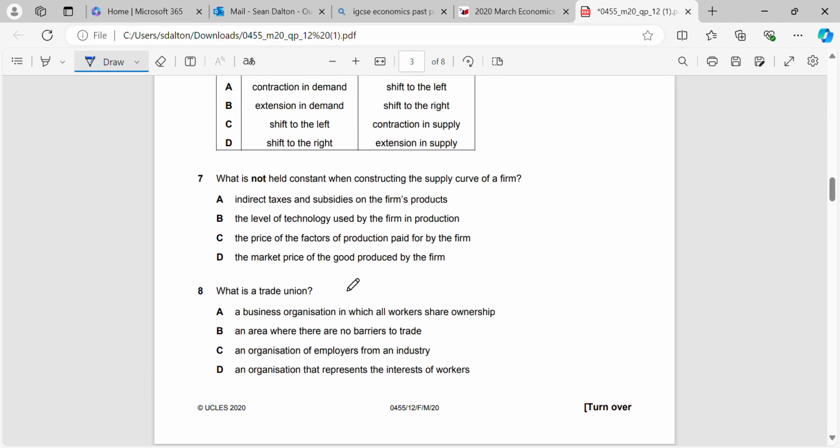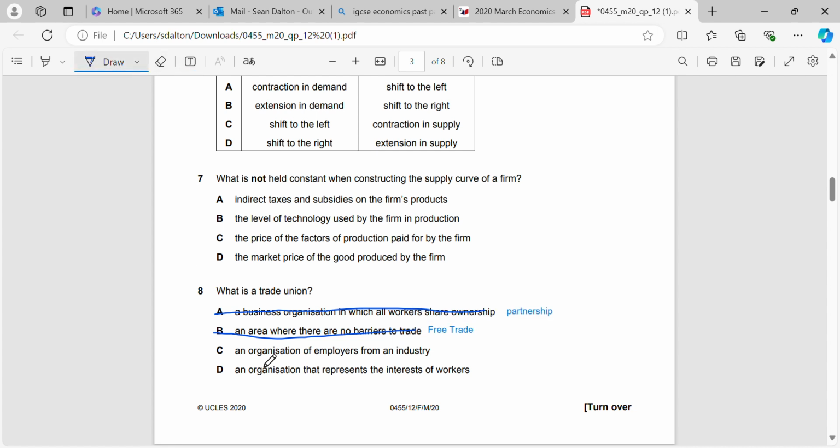Okay, question 8. What is a trade union? Is it a business organization in which workers share ownership? No. Okay, that would be a partnership. An area where there's no barriers to trade? No. That's called free trade. It's an agreement between countries where they can import and export freely.